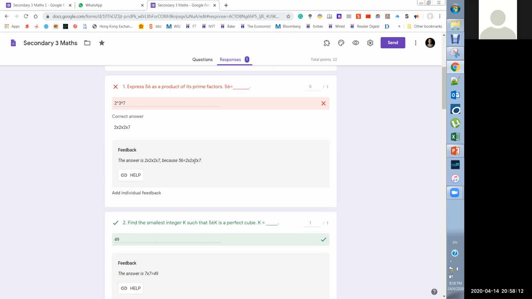Second, you click on the help link, and you can know at which lesson point we talked about this concept. The third benefit is, of course, you don't need to wait for me. You can keep doing it until you score. So basically you can keep practicing without waiting for me to mark or explain to you.